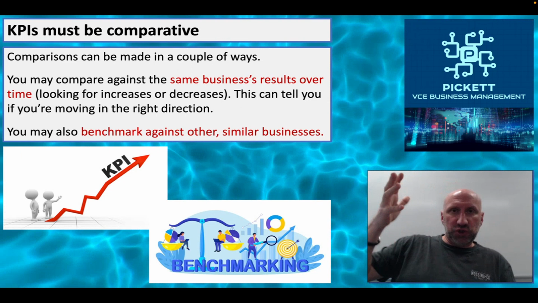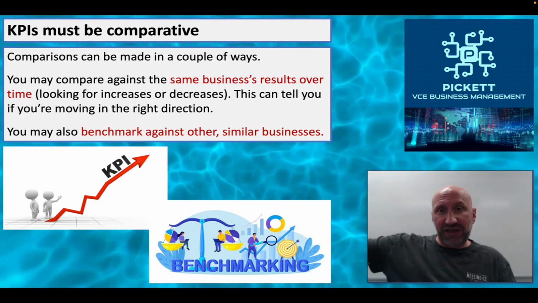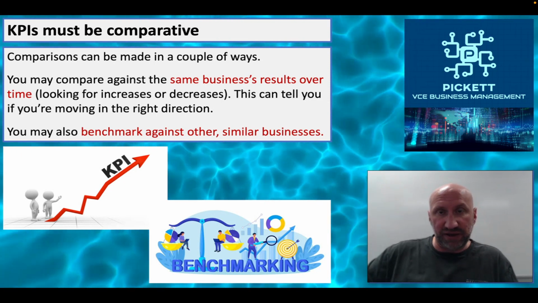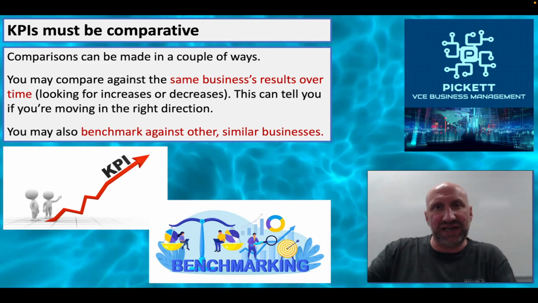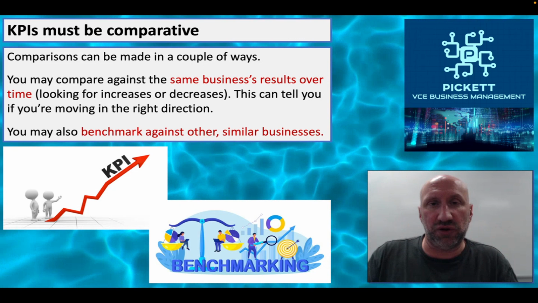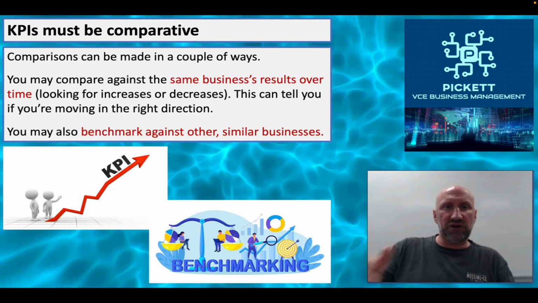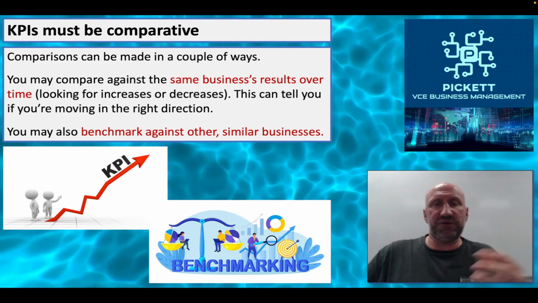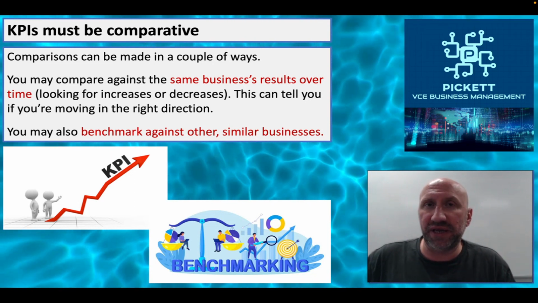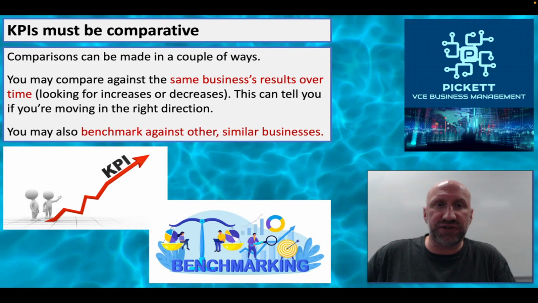It went from 20, 25, 30, and then the next year it dropped to 10. That's comparing the same business results. And that's where very clearly you can see that suddenly that $10 million is not a great result. We had 3 years of nicely increasing results, and then it kind of fell off a cliff. So while $10 million is still a lot of money, that would not be deemed to be a good result.